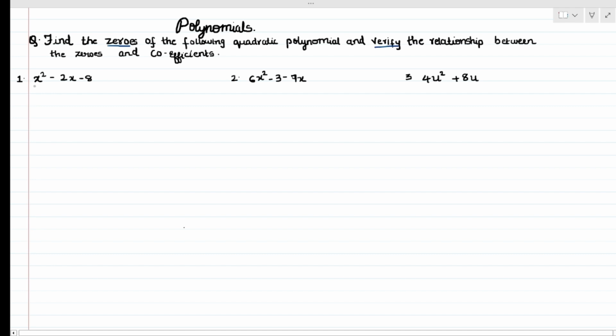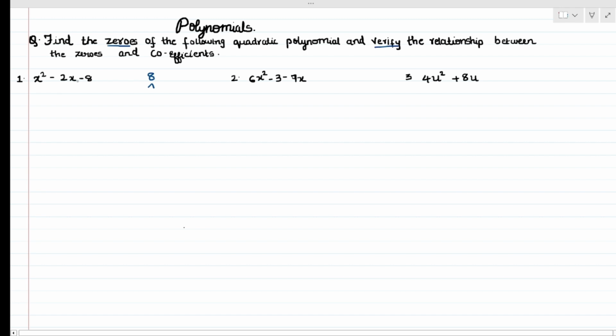The first question says x square minus 2x minus 8. For finding zeros, we will use the factorization method, which we have studied earlier. How can you use the factorization method? This is my first term, middle term and last term. The last term should be split in such a manner that you get your middle term.